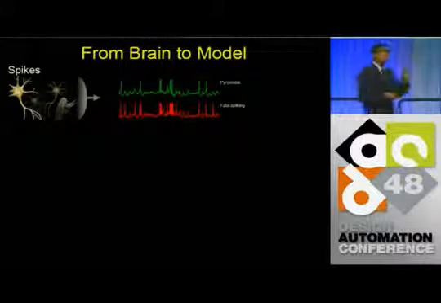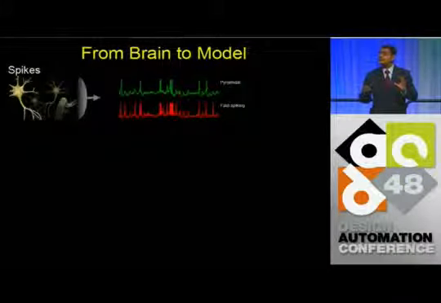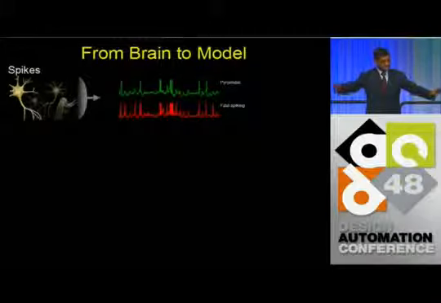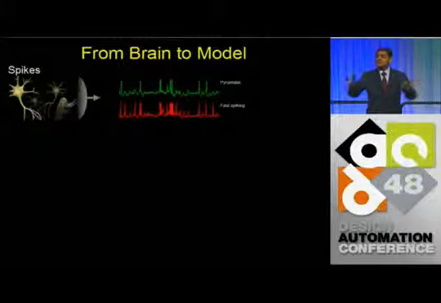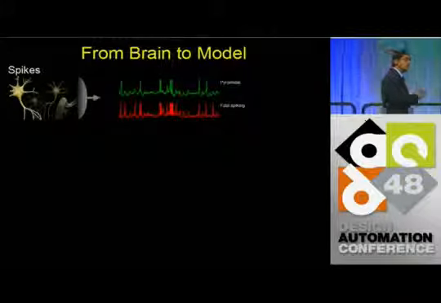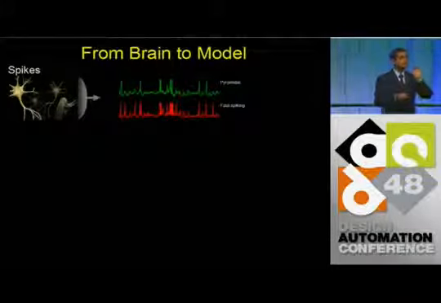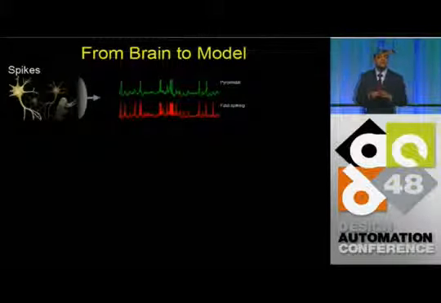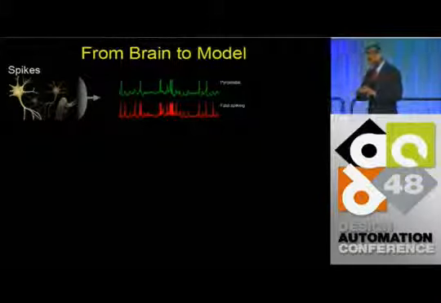Very simple single compartment integrate-and-fire models with a leak, wherein a neuron receives input from about 10,000 neighboring and distant neurons. It integrates this input. If the input reaches a threshold, it emits an all or nothing binary or a digital spike, and otherwise it decays back to a resting state.